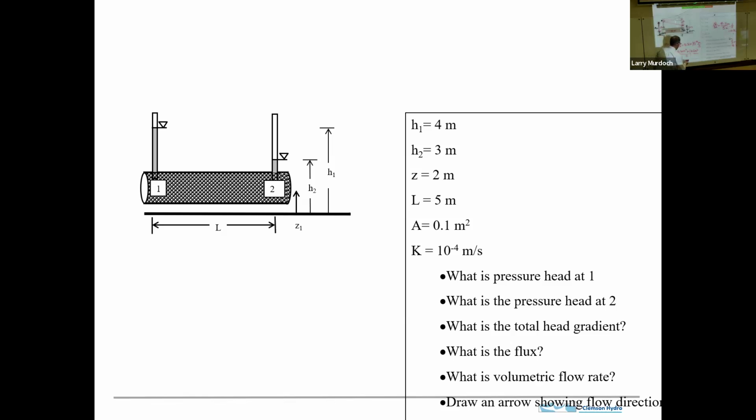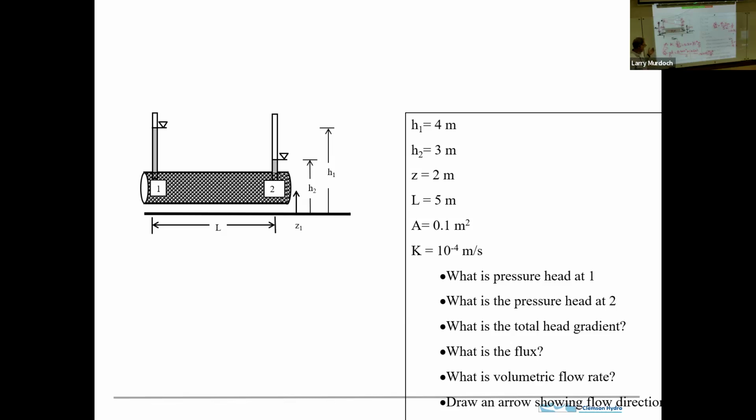And so that's just going to be 0.2 times 10⁻⁵. And the units are meters cubed, right? Because here's meters per second, meters squared, so it's meters cubed per second. That's the volumetric rate. And draw an arrow showing the flow direction.